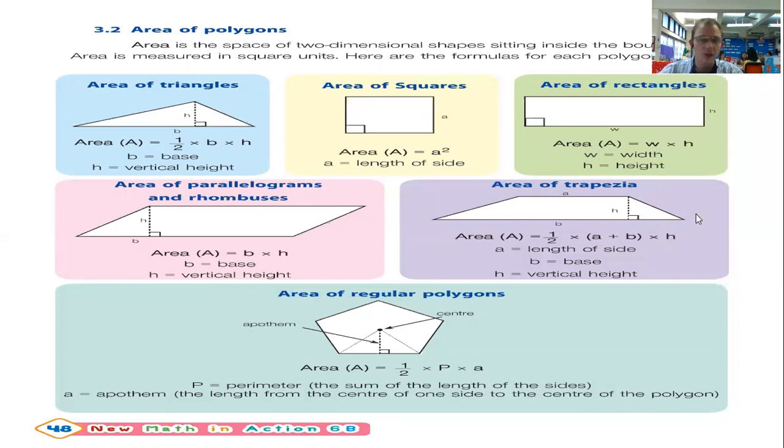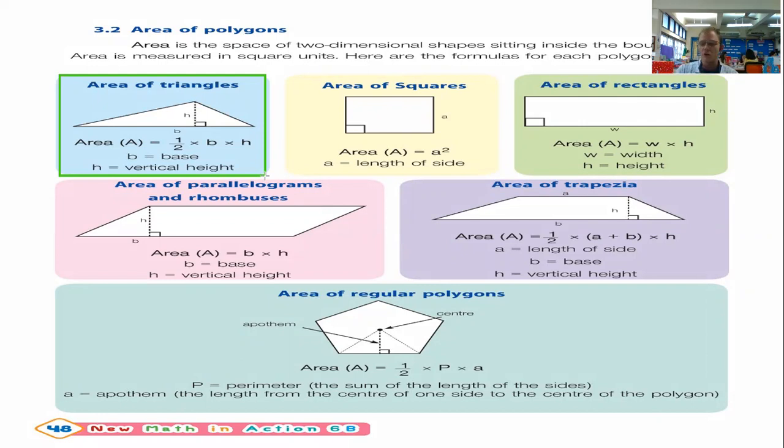So the first one we look at is the area of a triangle. So we have done all of these before, but I do believe that the more we talk about it, the easier it gets to remember. So the first one, area of a triangle equals a half times B times H. Now the B equals the base and the H equals the vertical height.